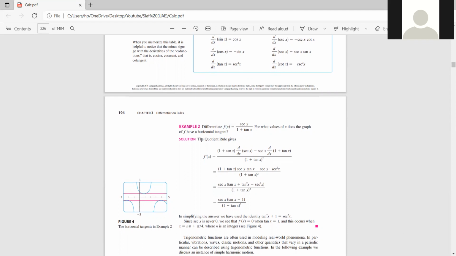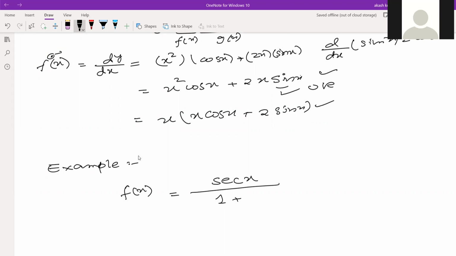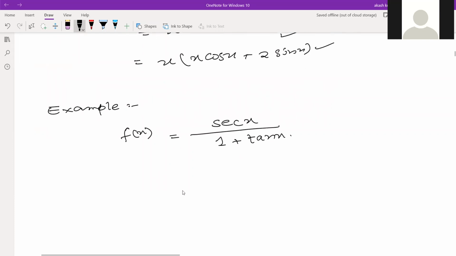Okay, let's do this question. f of x is sec x over 1 plus tan x. And we have to find the x values for which the graph has a horizontal tangent.